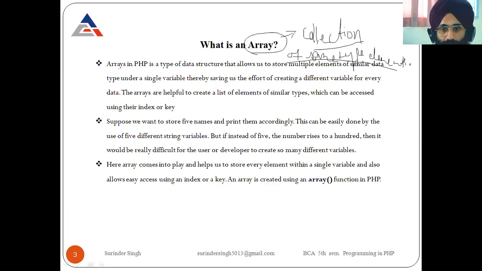If you have data of the same type, then instead of declaring many variables, you can use an array. And what does an array do? An array can store multiple data elements within a single variable.